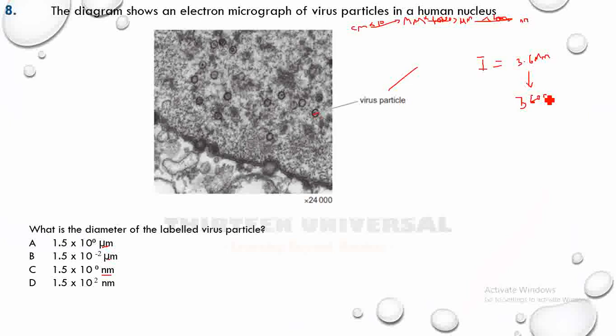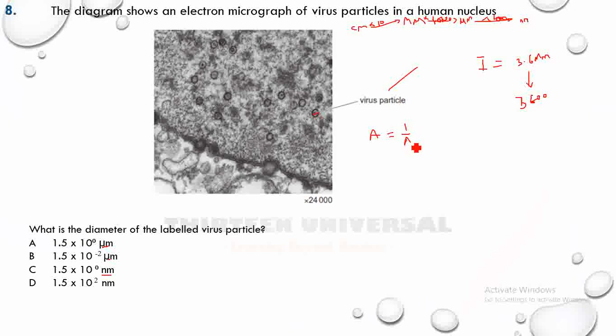But if you look at the options, we have micrometers and nanometers. We have the formula: actual size is equal to image over magnification.